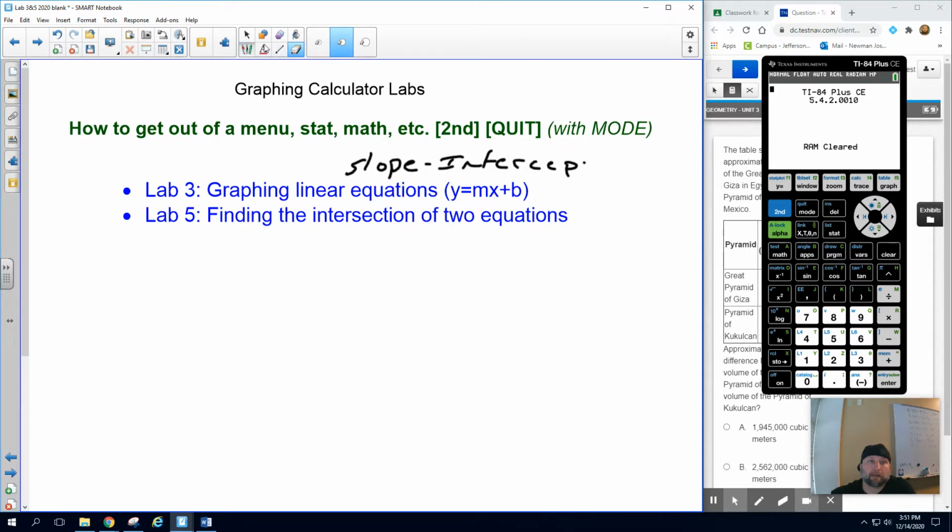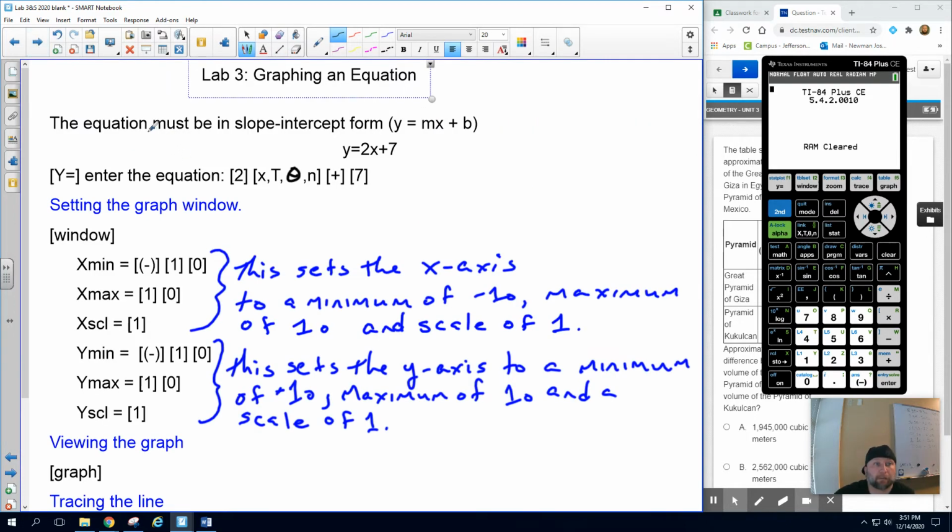All right, so start with lab 3. Like I said, we're going to graph the equation y equals 2x plus 7.